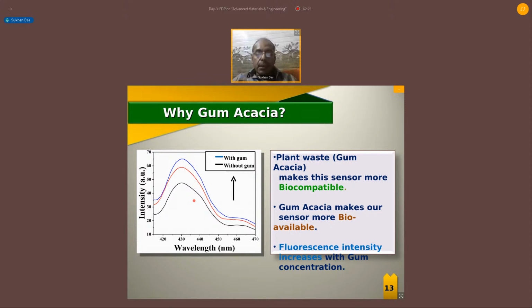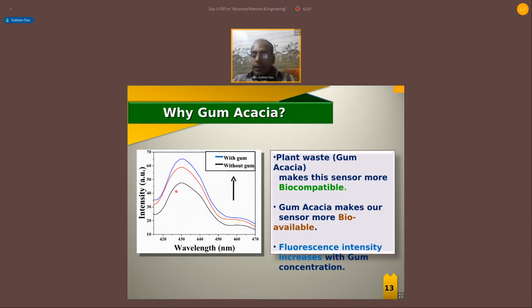But whenever we are adding this gum on it, then the fluorescence property increases, and the blue is with the gum. So the presence of gum is helping us in 2 ways. One is it is making this boehmite soluble in water, as well as it is increasing the fluorescence property of this boehmite, and it is biocompatible, and it is completely harmless.